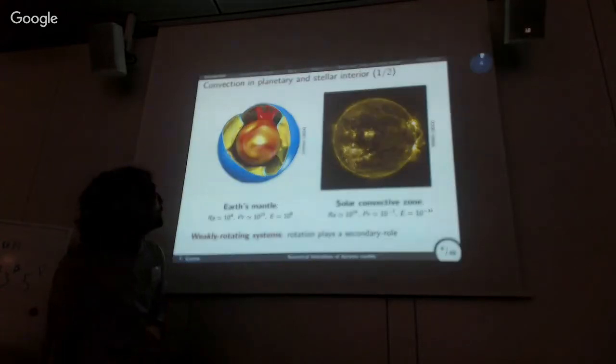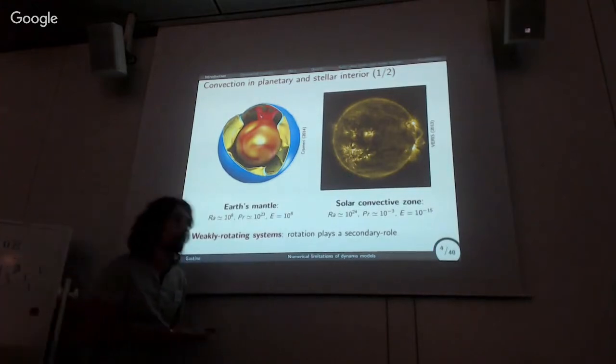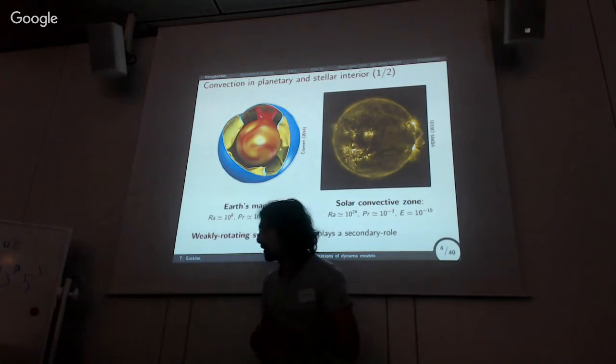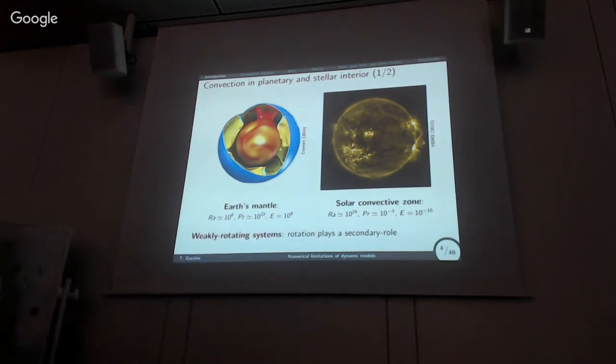So we can pick some stellar or astrophysical object and see in what kind of range of parameters they live. On the first panel here, you see a numerical model of mantle convection.